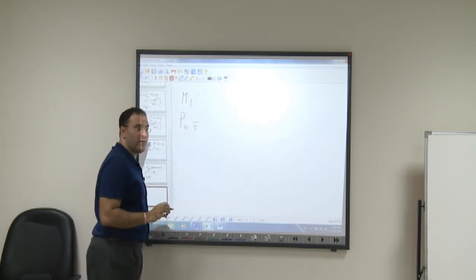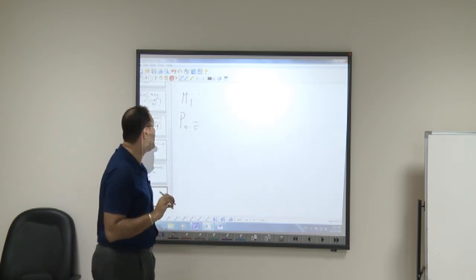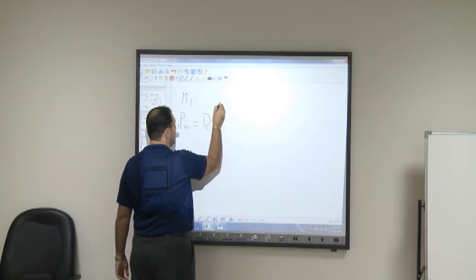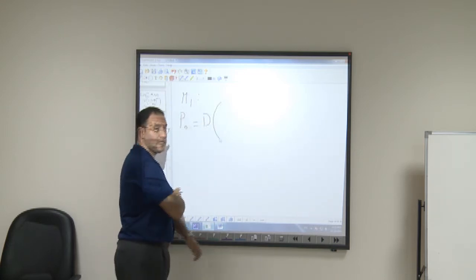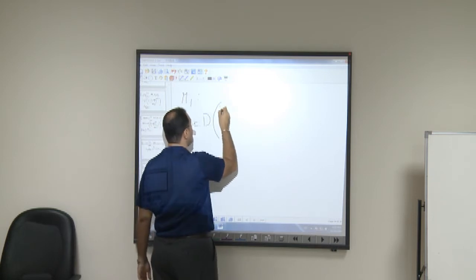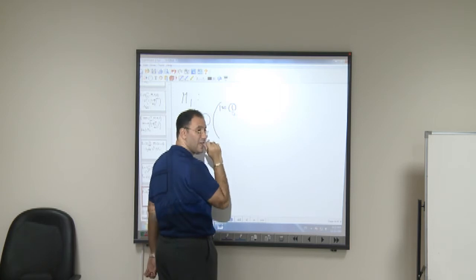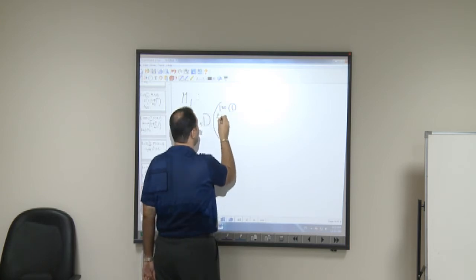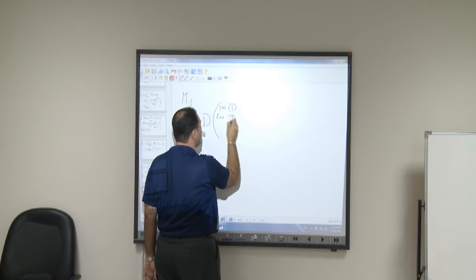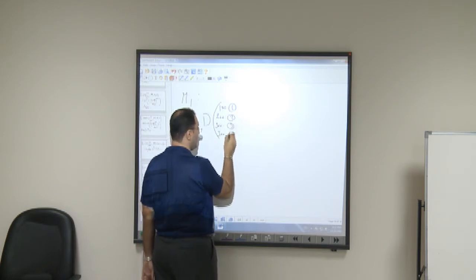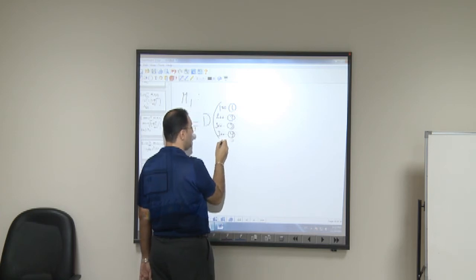P0 in finance is the present value, D. We have 100 for the first year, then 200 for the second year, 300 for the third year, 300 for the fourth year, and 300 for the fifth year.